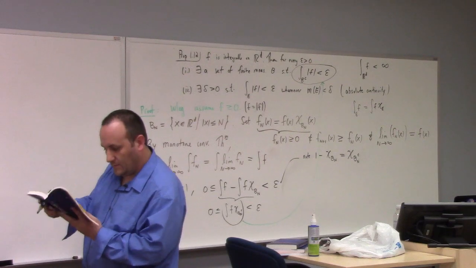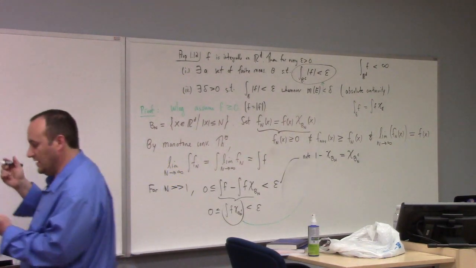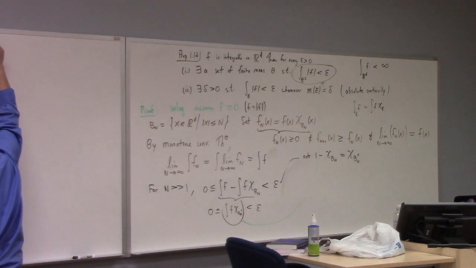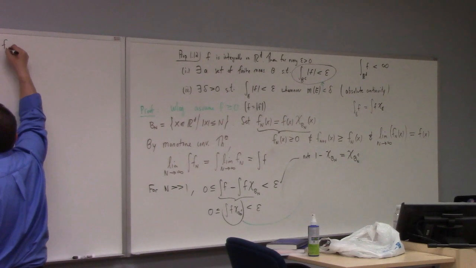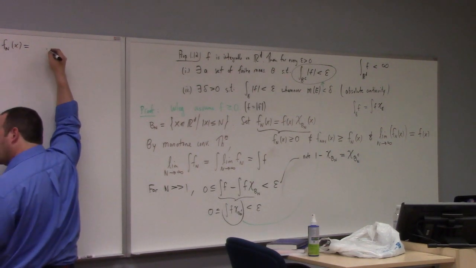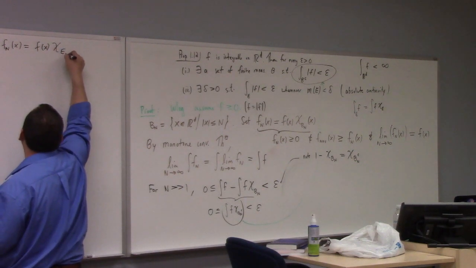Okay, next up here. He says again, he's just going to give you the proof for f non-negative. And again, let fn of x equal f of x times chi En.